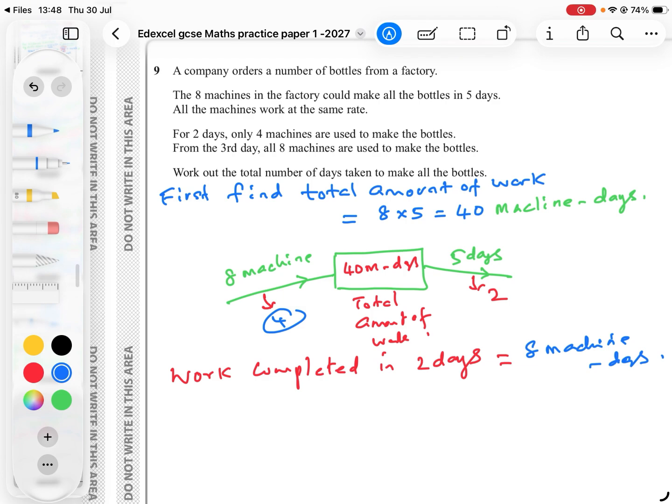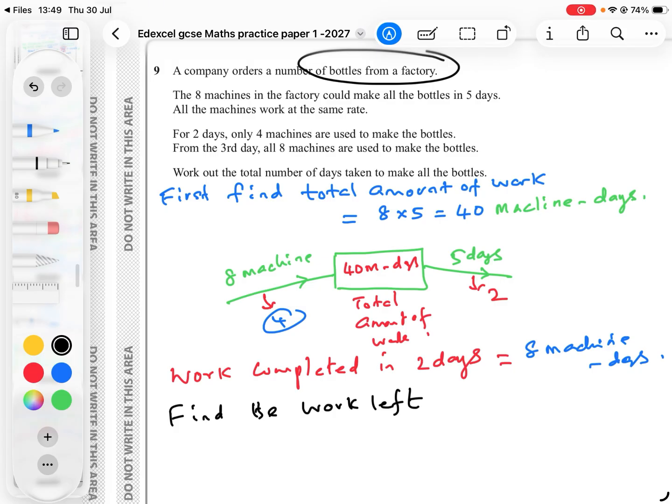So next point, find the work left. Work left. So company orders a number of bottles from factory.